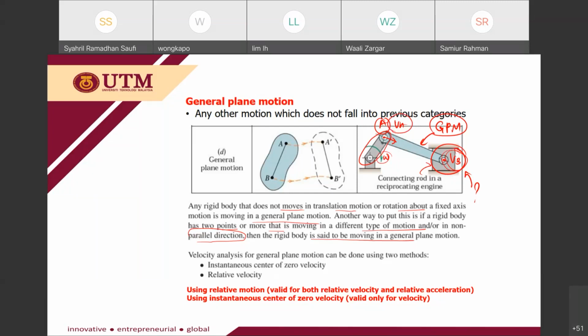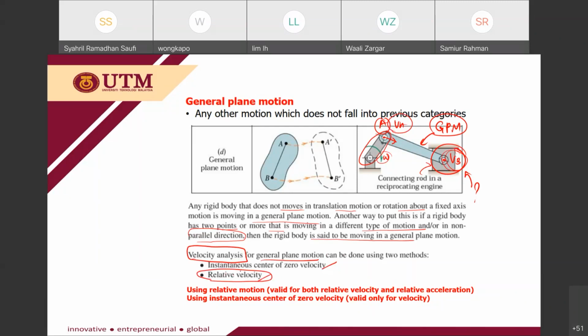In order to determine this VB, you have two methods. For velocity analysis of a general plane motion, the first one is instantaneous center of zero velocity, and the second is relative velocity. Relative velocity is the same thing that you did in chapter 4.